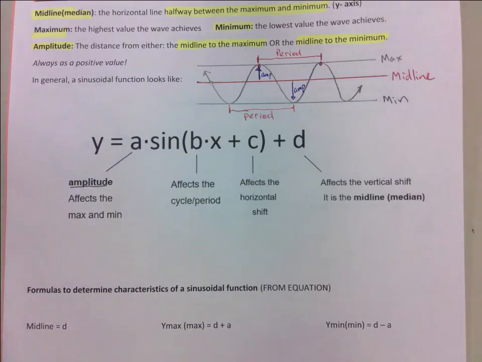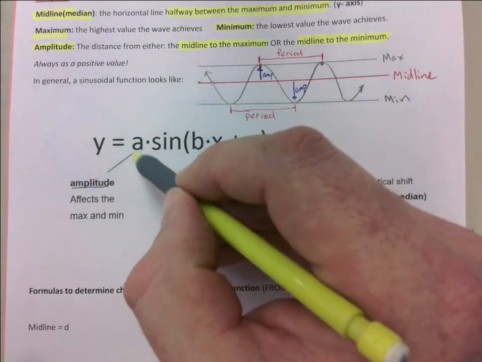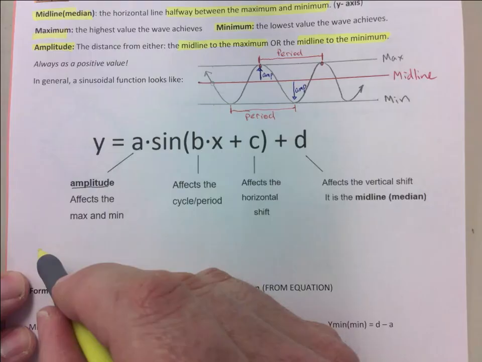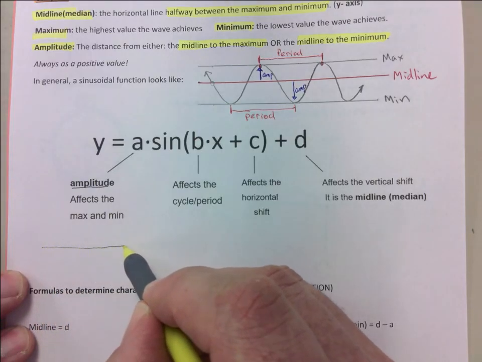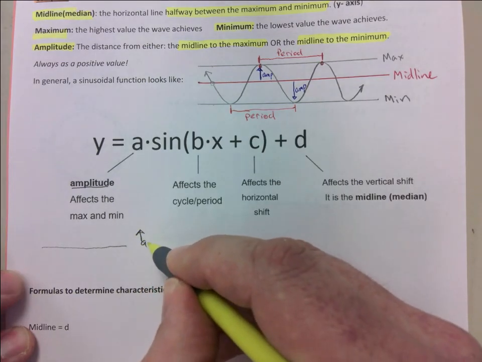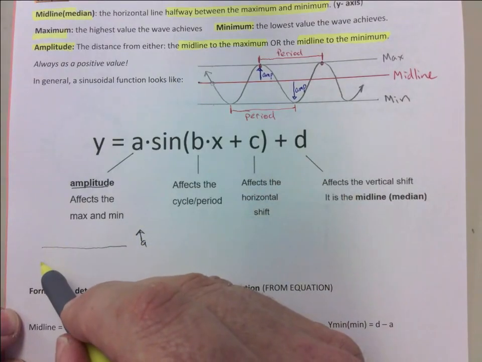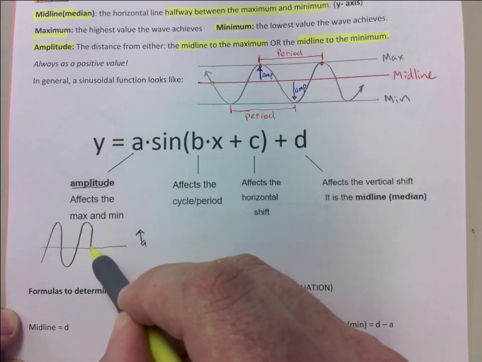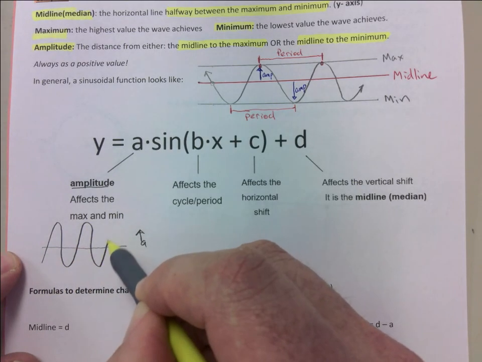So I have a little note here for myself. You need graphic examples, so I'm going to try my best to do that. So how would messing with A change your graph? This is what I can tell you. If you increase A, if you make A bigger, you're going to have something like this. This is my midline.